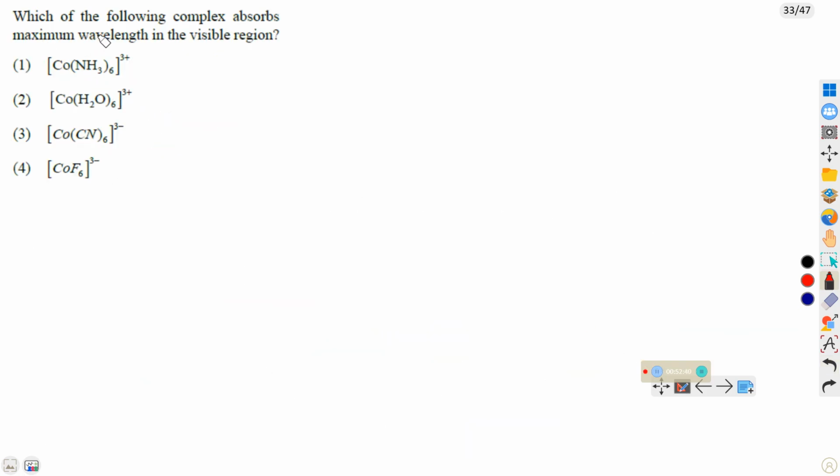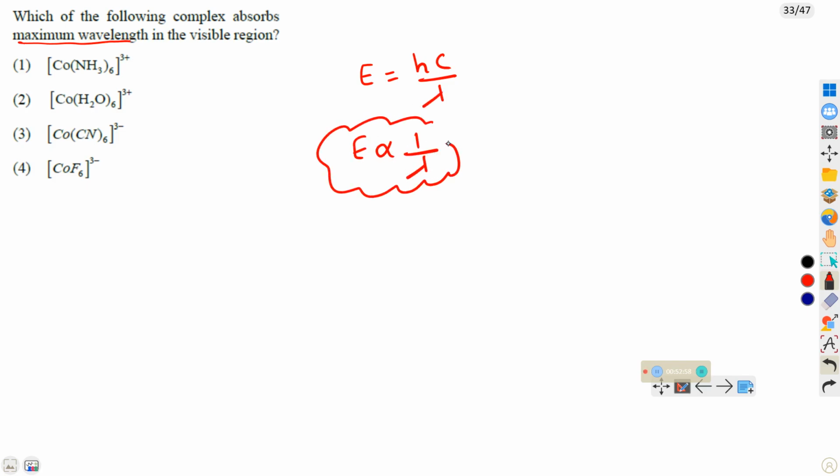Which of the following complexes absorbs maximum wavelength in the visible region? According to crystal field theory, E equals hc by lambda. Energy is inversely proportional to wavelength. For maximum wavelength, the crystal field splitting energy is less.